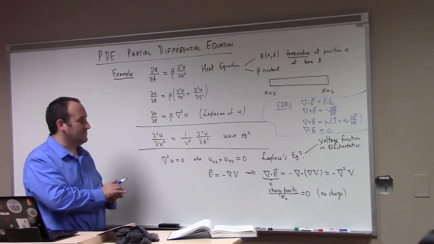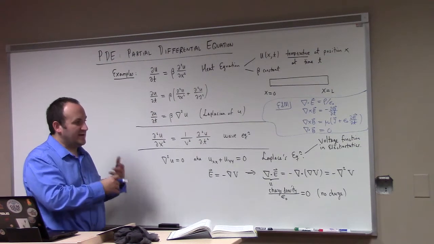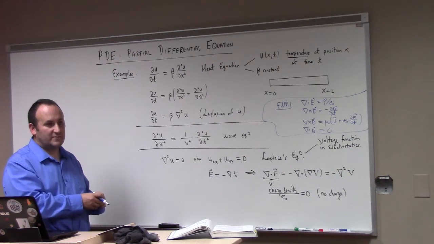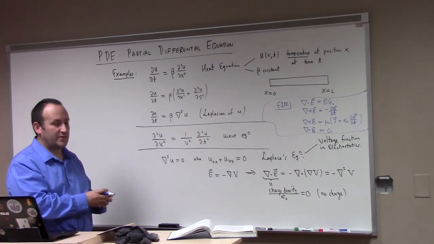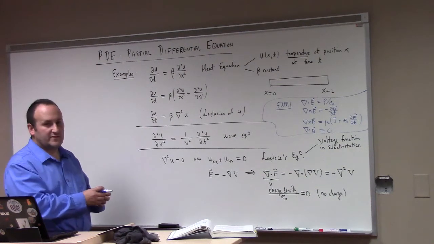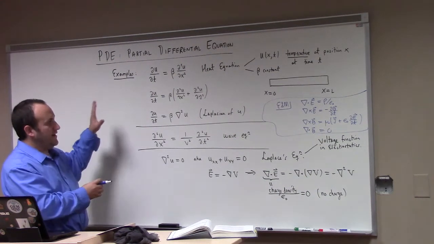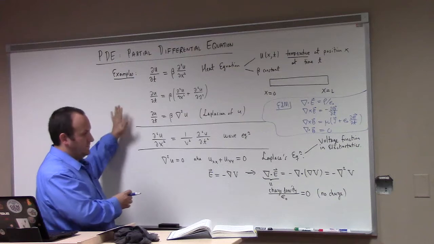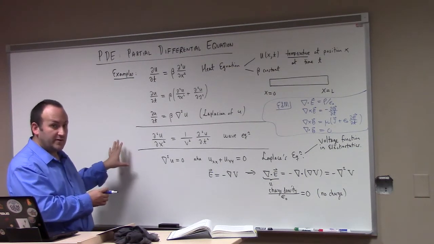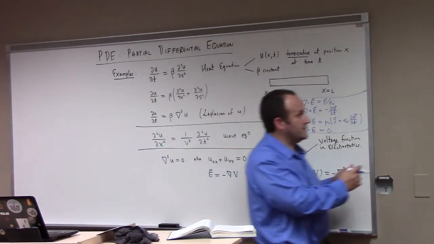So the context we've been in up to this point of just having one independent variable is very simplistic, right? There's usually more than one. And I'm going to show you the basic techniques to start solving these. All right, but before we actually dive into the solution of these properly, we need to develop a little bit of background on what are called boundary value problems. All right, so let's look at some of those.